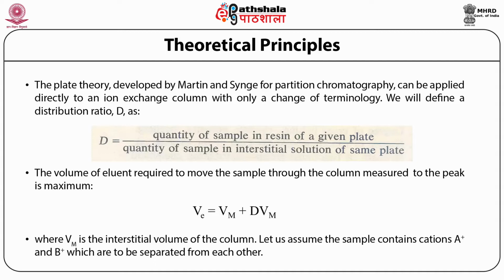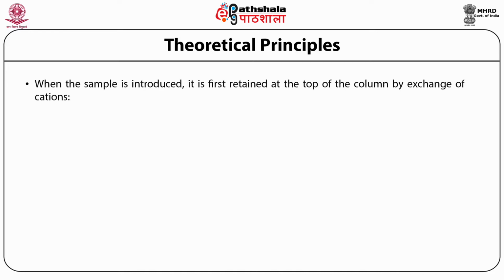Let us assume the sample contains cations A plus and B plus, which are to be separated from each other. When the sample is introduced, it is first retained at the top of the column by exchange of cations.